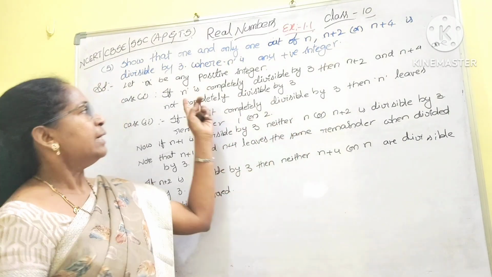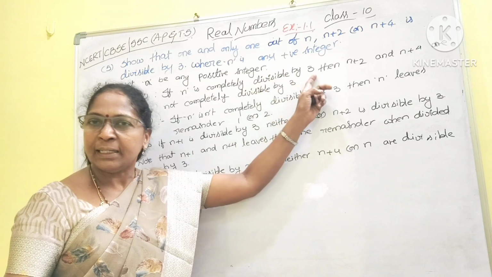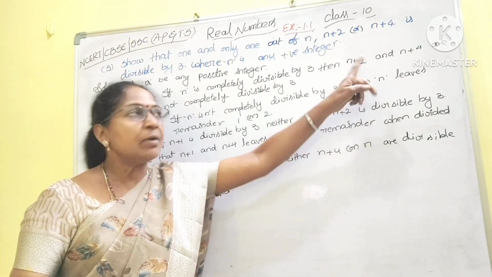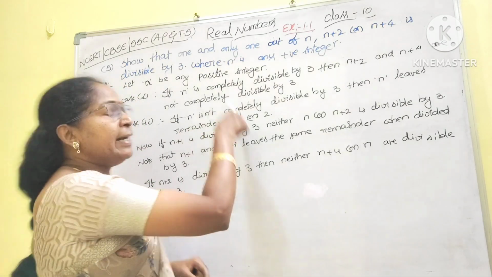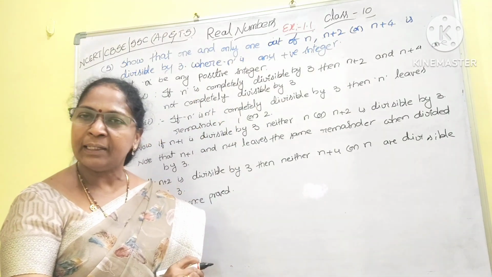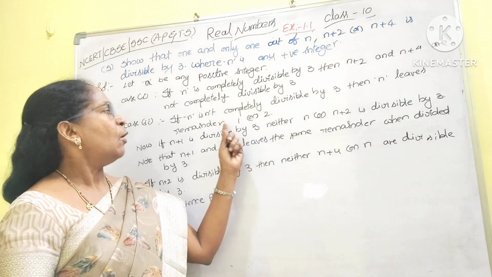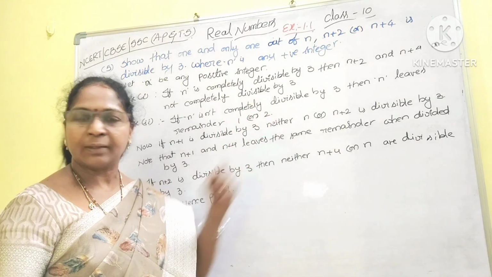This is the condition. If n is exactly divisible by 3, then n plus 2 and n plus 4 are not exactly divisible by 3. Yes. If n is not completely divisible by 3, then the possible remainders are 1 or 2. Right.